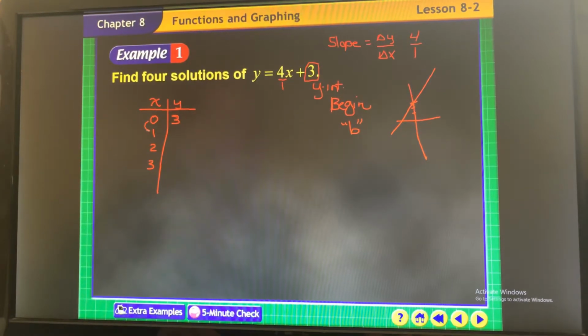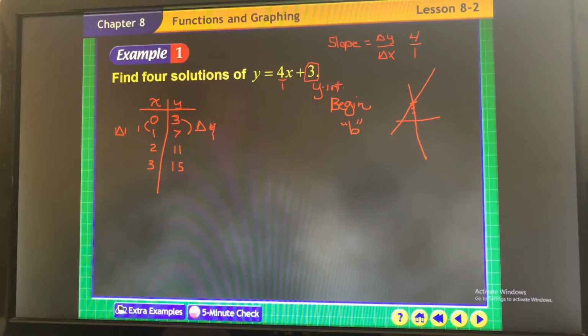Then you're going to notice that your x values are changing by 1, which is what we set up here, and your y values, those are going to change by 4. So I'm going to go up 4 from 3 and get 7, and then up 4 more, and then up 4 more. And there's our chart, okay?